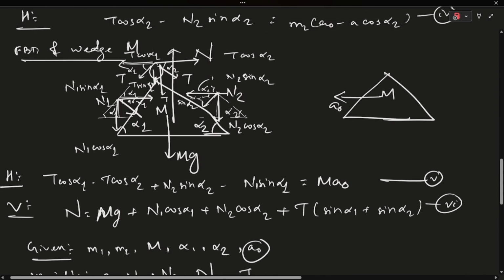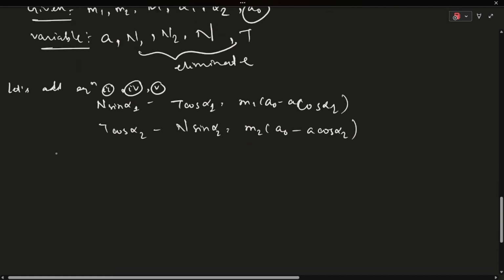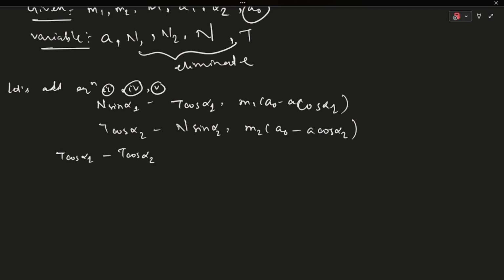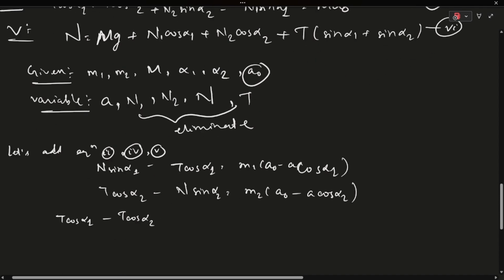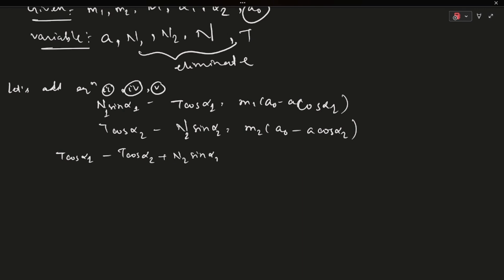Then the fifth equation: T cos alpha 1 minus T cos alpha 2 plus N2 sin alpha 2 minus N1 sin alpha 1 equals M a naught. Adding, N1 sin alpha 1 cancels, the tension components also cancel, and N2 sin alpha 2 cancels.